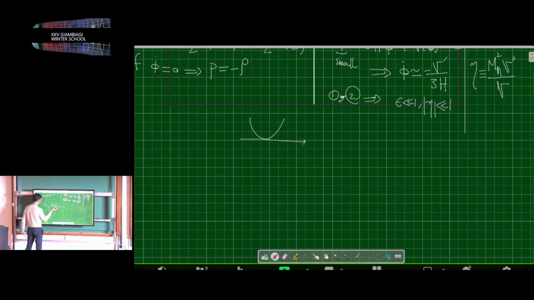So in this region, you can approximate it by V of phi being given by m squared phi squared over 2.